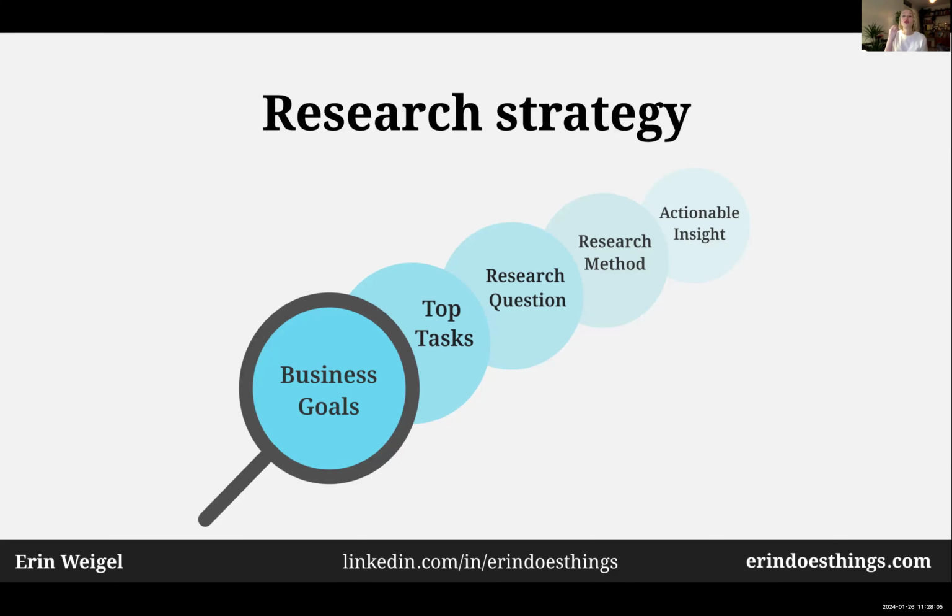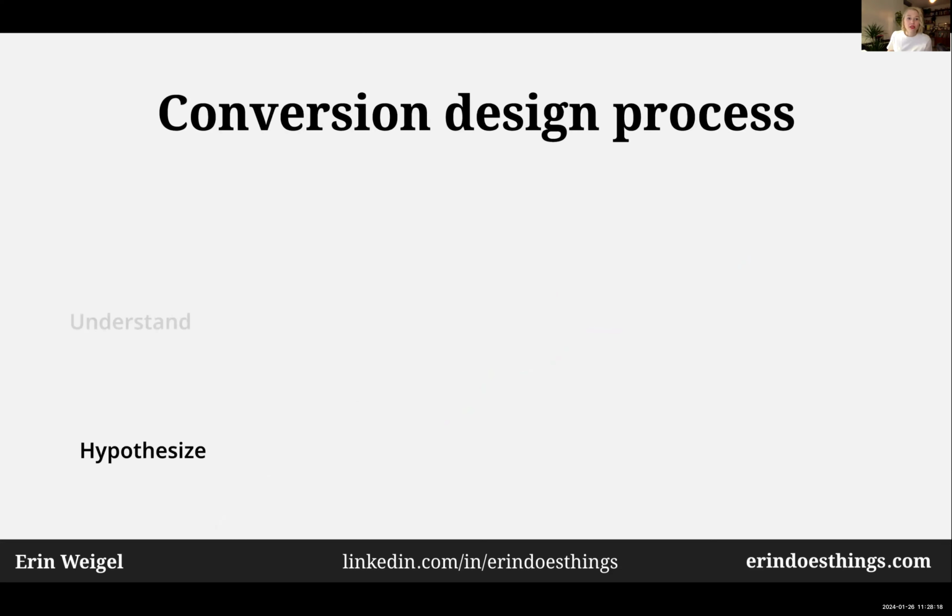So that way you're setting yourself up to not only solve a customer problem, but to solve a customer problem that is likely to move the business forward in the way that you aim to, or the way that you're being asked to by your organization. So that's the first bit, right? So that's how you do research in the conversion design understand phase.